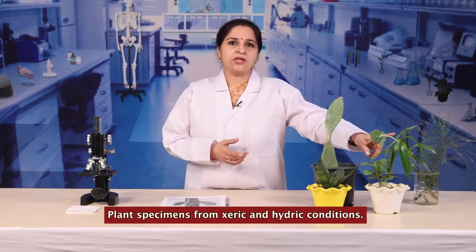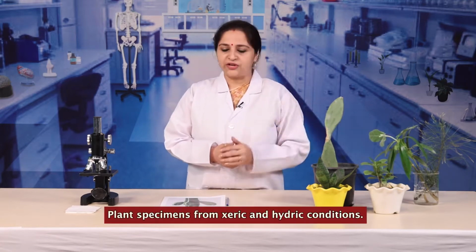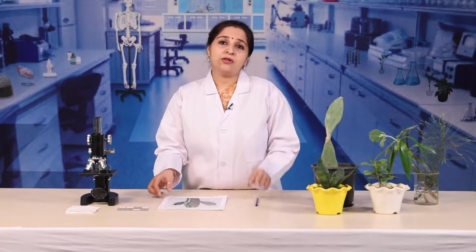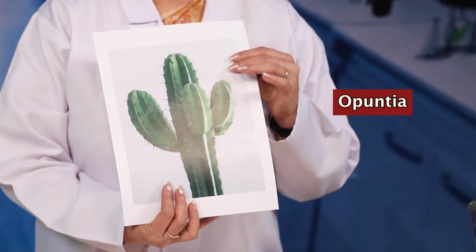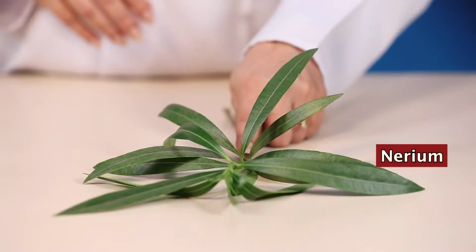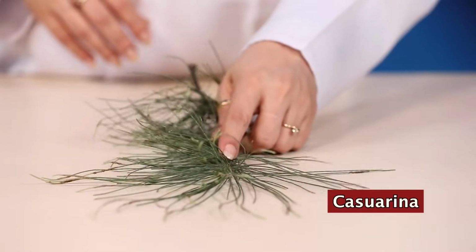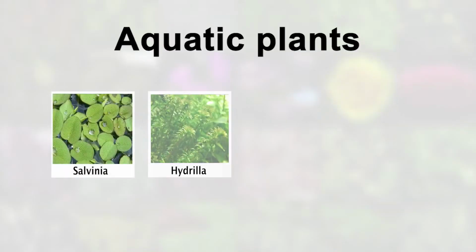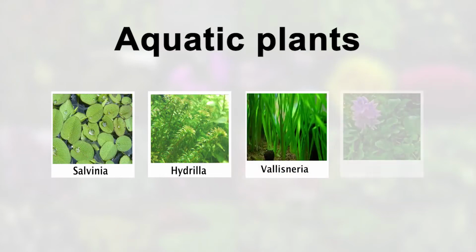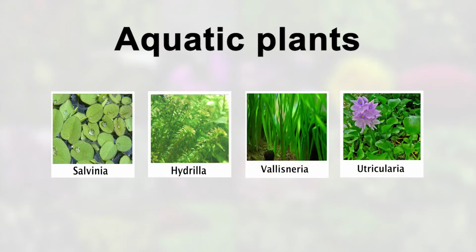For this exercise, we need plant specimens from xeric and hydric conditions. Samples of xeric plants are Opuntia, as you can see here, Nerium, Casuarina, Calotropis, etc. For aquatic plants, specimens of Salvinia, Hydrilla, Vallisneria, Utricularia can be taken.